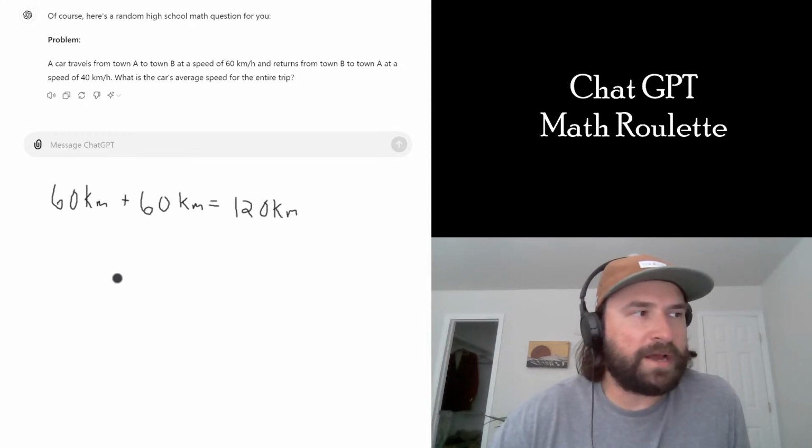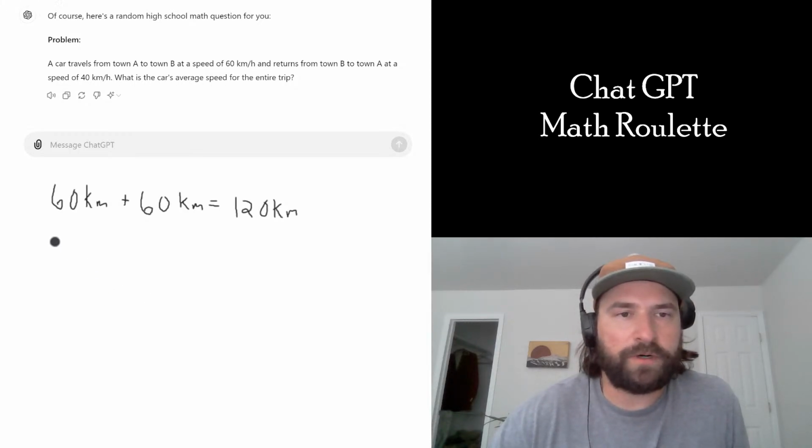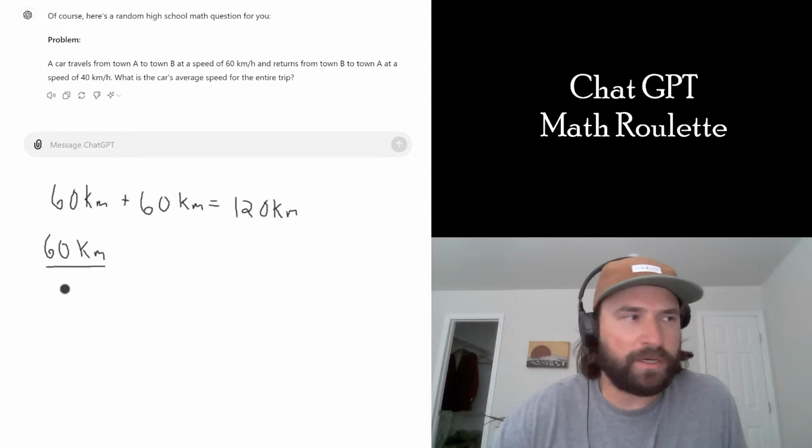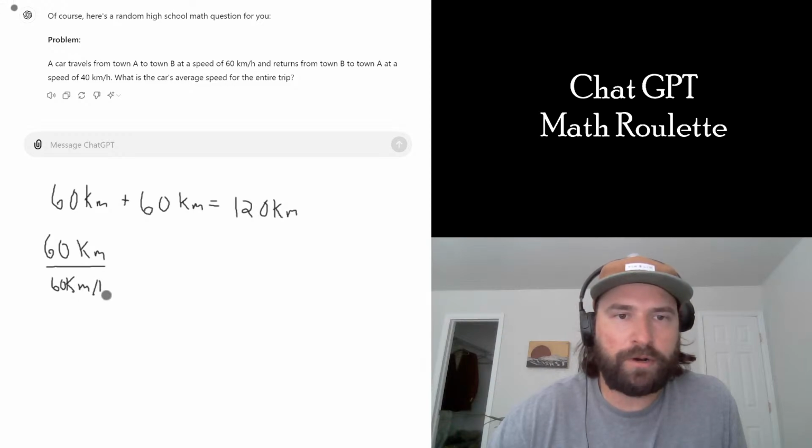Now let's figure out how long it took them. So the first leg was 60 kilometers. And we divide that by their speed to get how long it took them. So they're going 60 kilometers per hour, which is going to give us 1 hour.